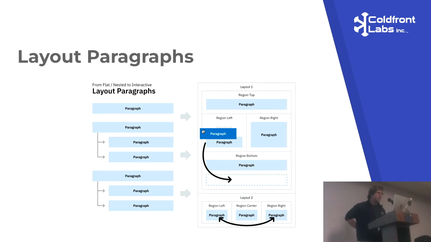From the layout paragraphs Drupal module page, there's a nice picture that describes this, and part of it is intended to look a bit like Layout Builder because it's using the same Drupal layout API, and I think the Drupal Canvas stuff that's coming up is using the same layout stuff too in a certain way. But really you can define your sections, so layout paragraphs would have this as one section, this is another section, and then you have your different named regions, and that's where the paragraphs you're inserting in the page can exist.